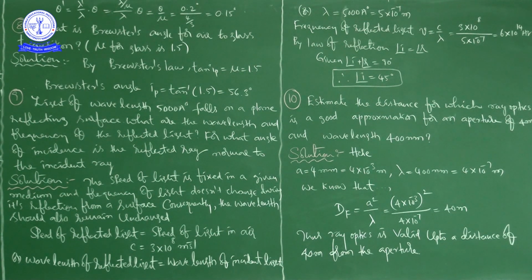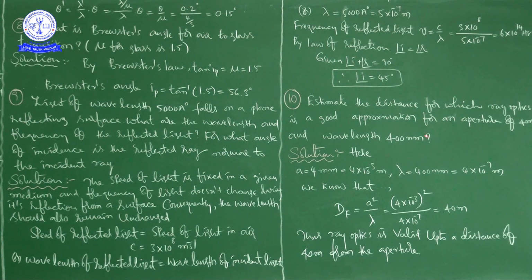For these two values, the aperture and the wavelength of 400 nanometers, we have to estimate the distance.